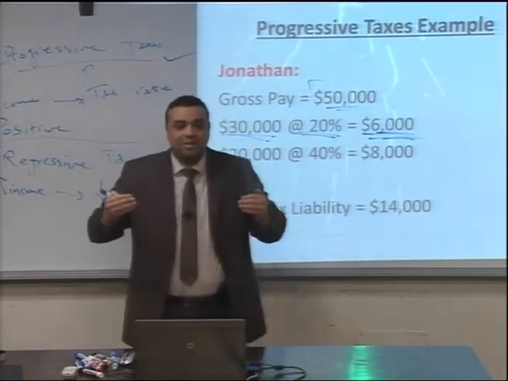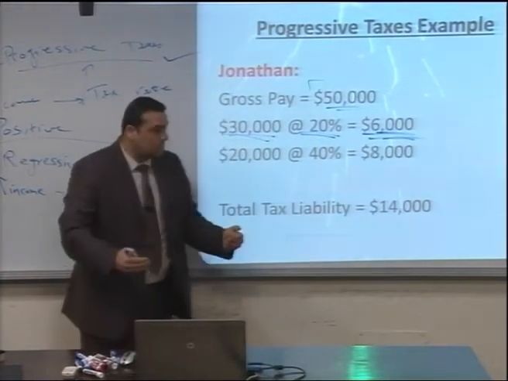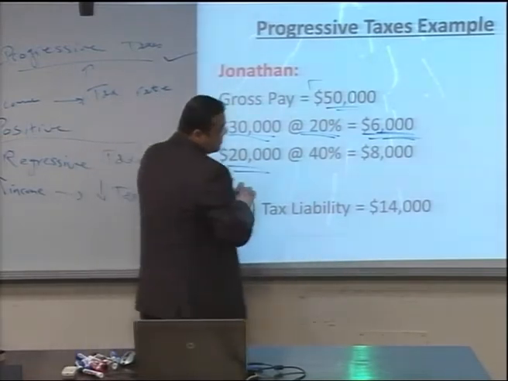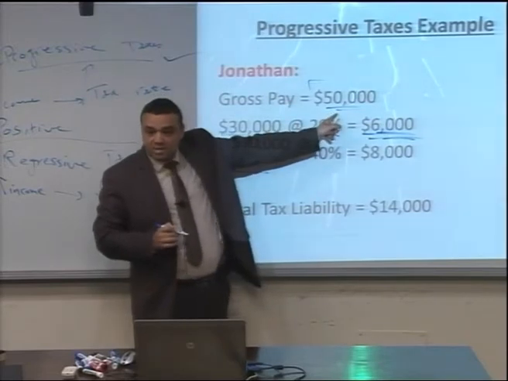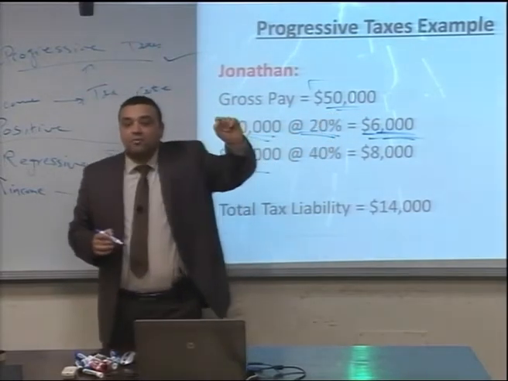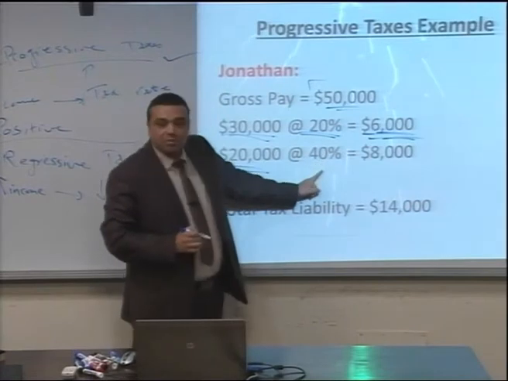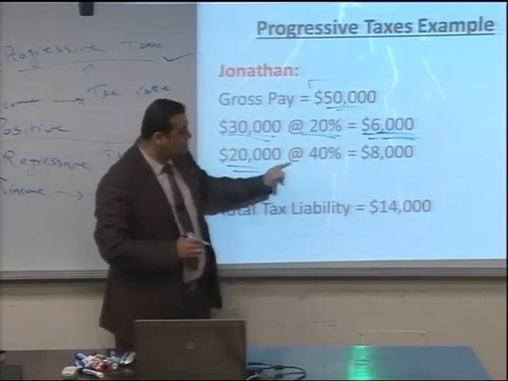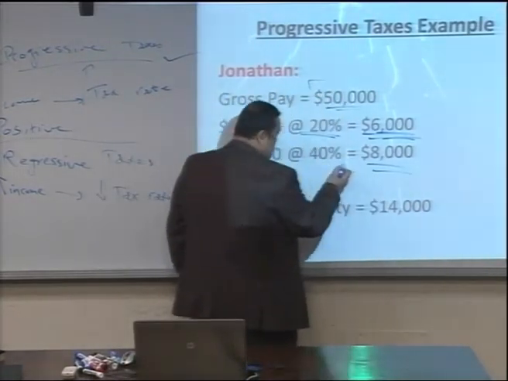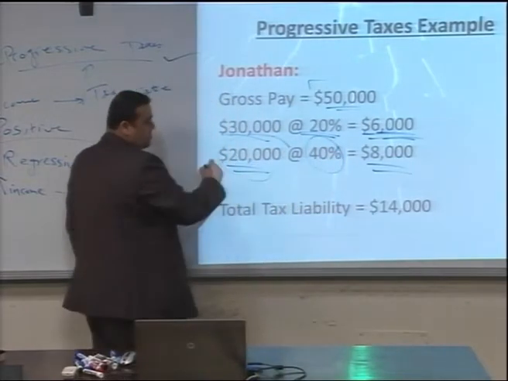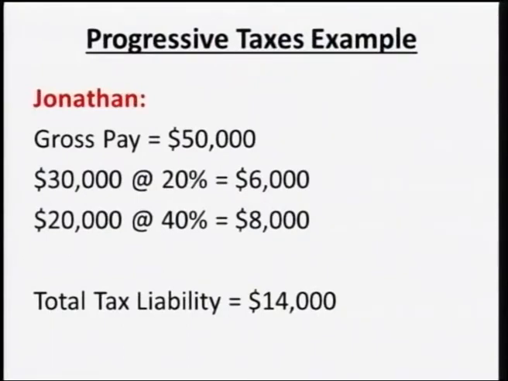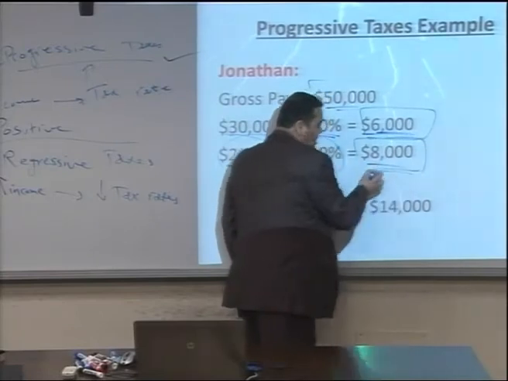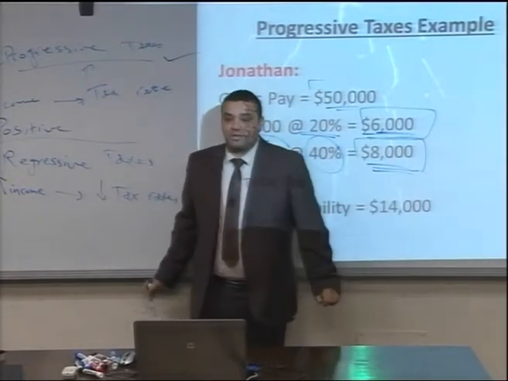But what about the left amount? The left amount is 20, because 30 plus 20 equals 50,000. He has to pay 40% on this amount. How much? 8. 40% times 20,000 equals $8,000. So the total tax liability here equals $6,000 plus $8,000 equals $14,000.